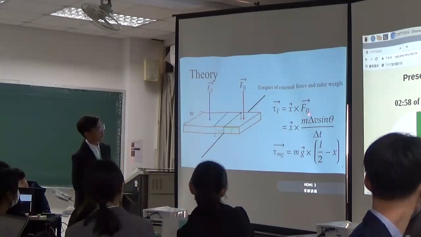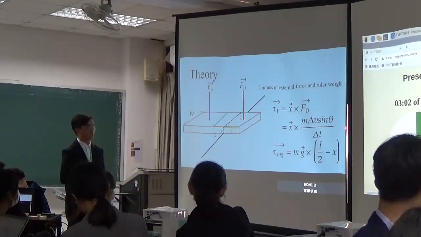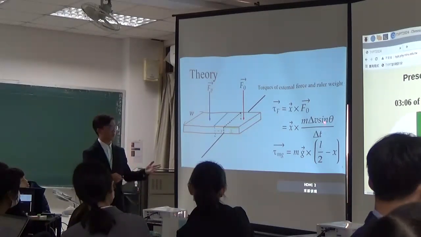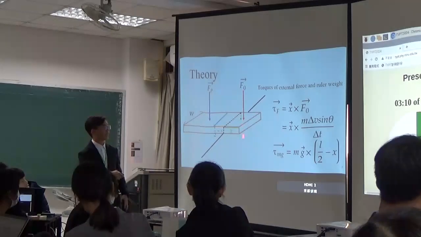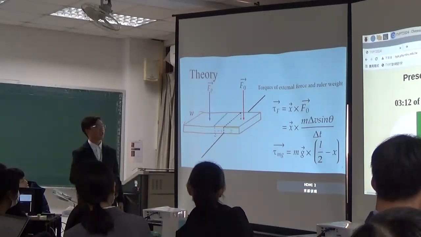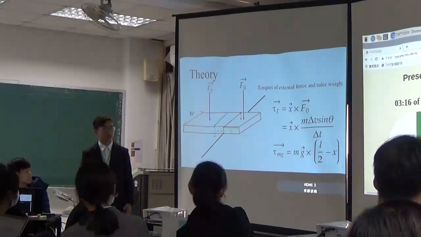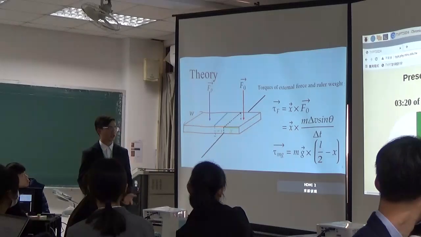We define F0 as the rate of change of momentum per time times sine theta. The point of the sine theta here is to take into consideration the contact angle at which the ball drops. But in our experiments, we suppose that theta will be 90 degrees for better calculation.